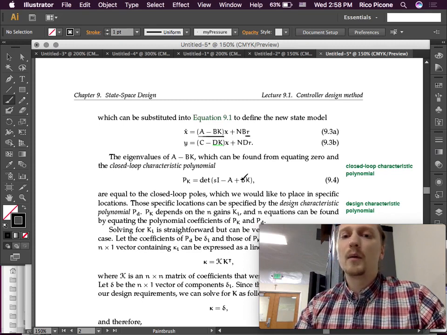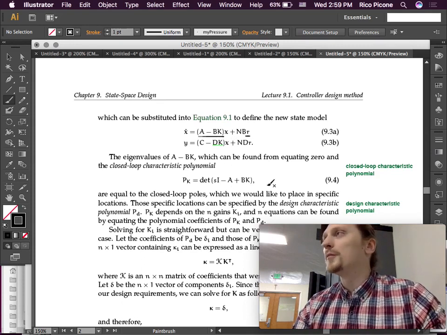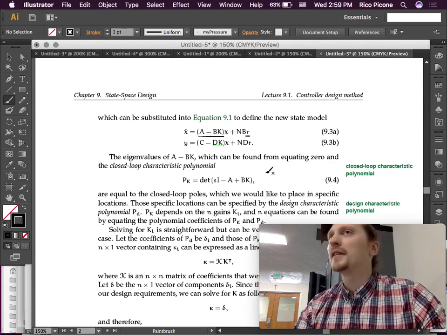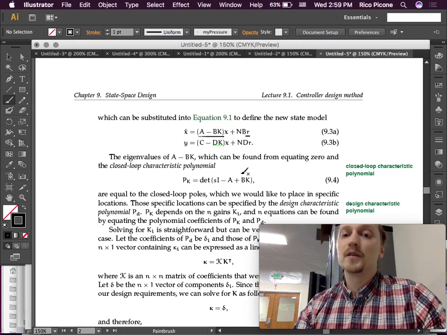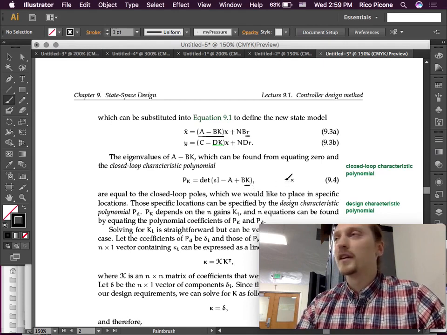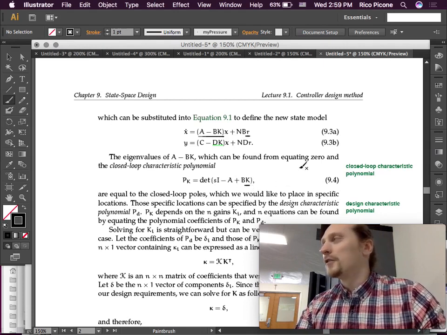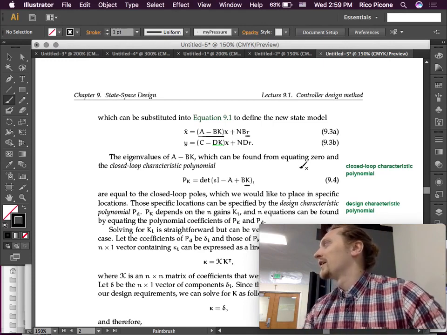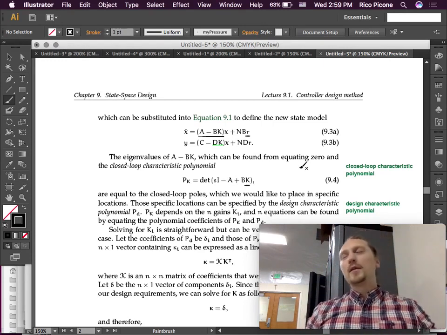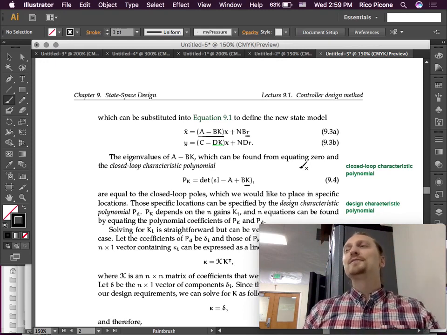Now we want these closed loop poles to show up wherever we want them to be. We can just try to choose K to make that happen. Those closed loop poles' location is dependent on this polynomial, and it has K in it, fortunately, because if you're going to vary something and it doesn't depend on that thing, then you're up a creek without a paddle, as they say.